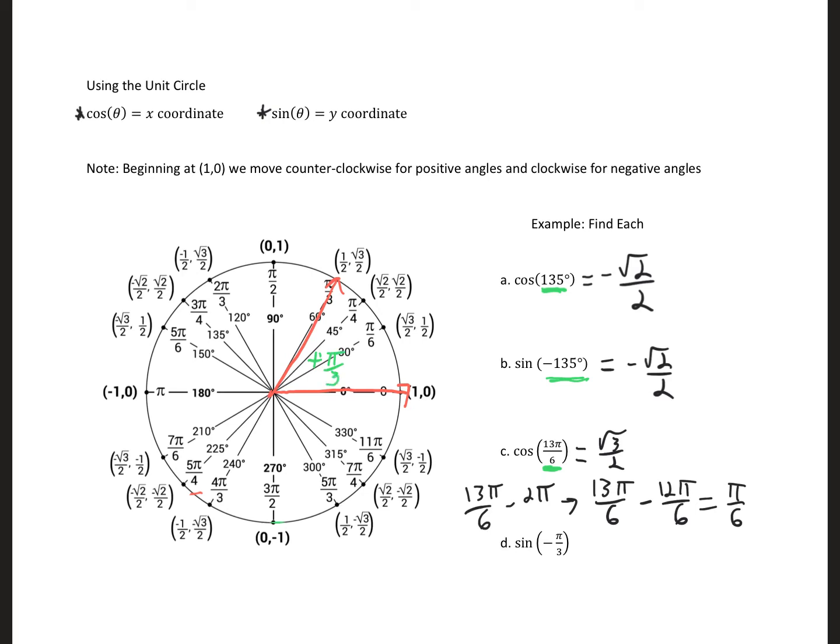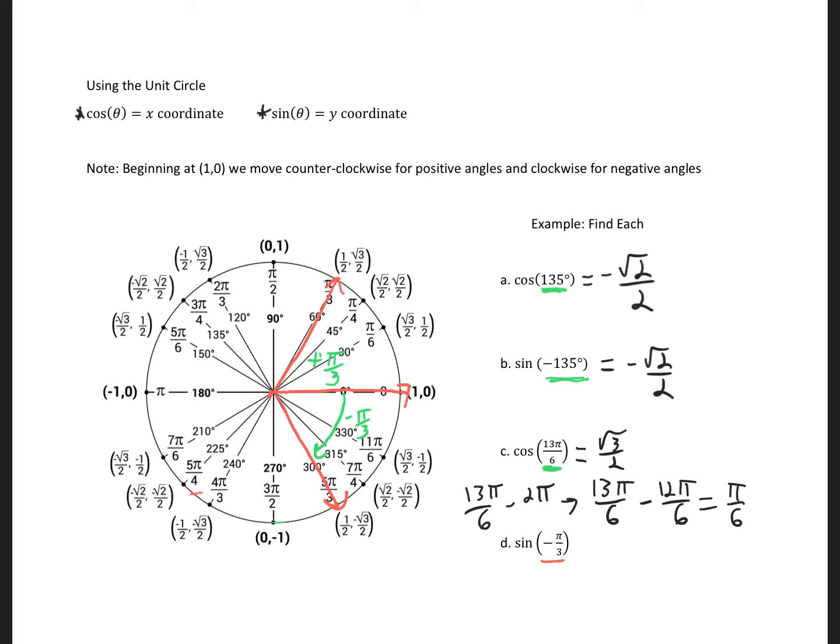So what we want to do is go that same distance in the opposite direction. This would be negative pi over 3 then. That angle there, that 5 pi over 3, is equivalent to negative pi over 3.